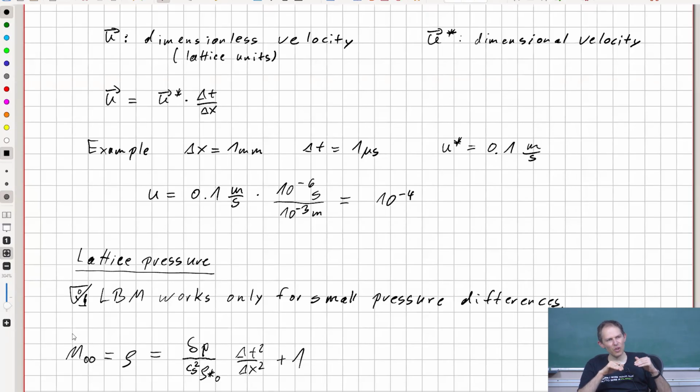Therefore, this is a non-normalized distribution function, and this is also the reason why when we factorize the equilibrium function as we did yesterday, we always have to divide by rho, because usually this factorization of the moments would hold without this additional normalization, because the distribution function would already be normalized.